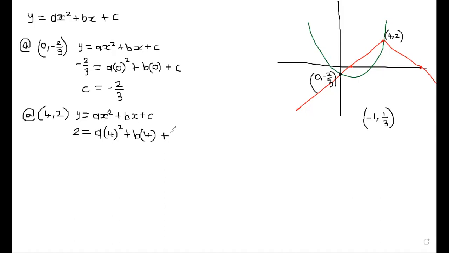And we know c is negative 2/3. Okay, let's continue. This is going to be 16a plus 4b, right, minus 2/3.